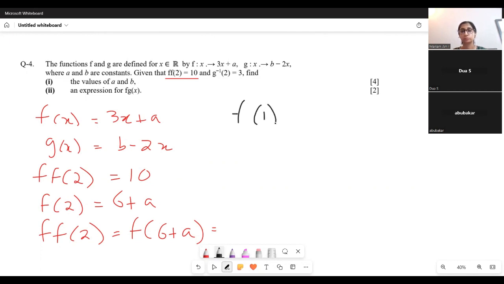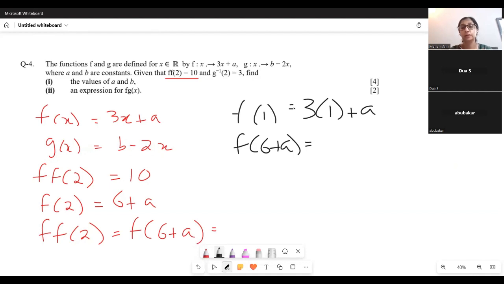Tell me, what will f1 be? 3 plus a. Yes, it's going to be 3 times 1 plus a. So what about f of 6 plus a? It will be 18 plus 3a. Look, in place of x, 6 plus a comes in and then plus a.